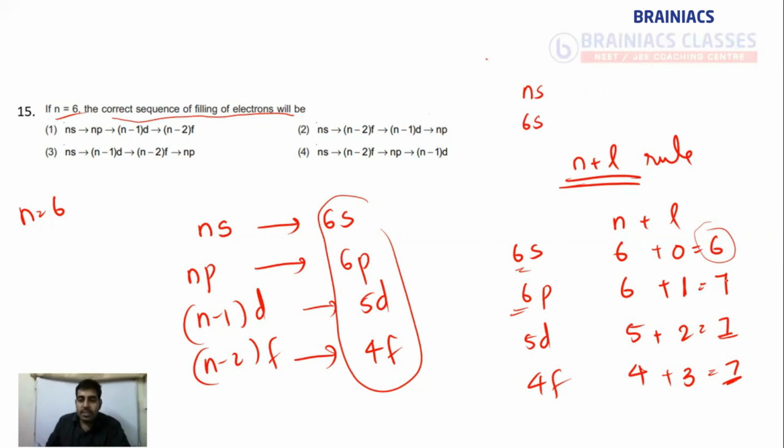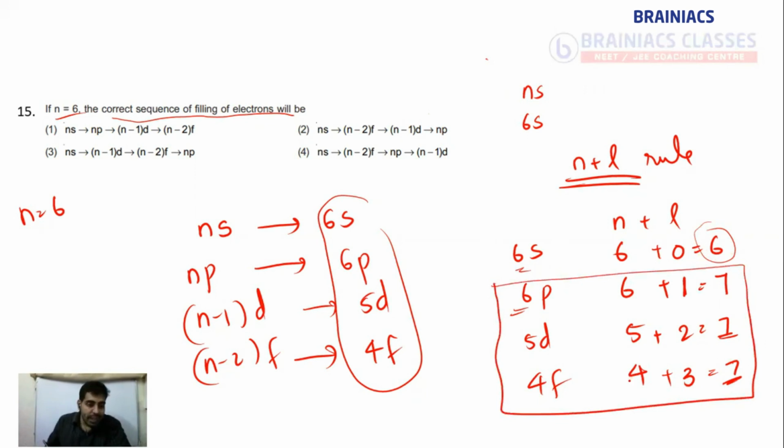Now all these three have the same n plus l value. If they have the same n plus l value, the orbital with the lowest n value will have lower energy and the highest n will have the highest energy. Here, 4f has the lowest n value, so it has the lowest energy.